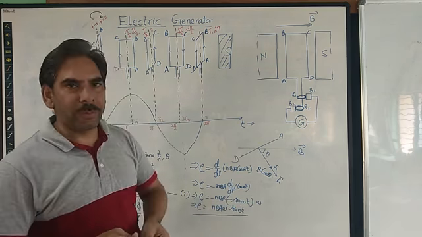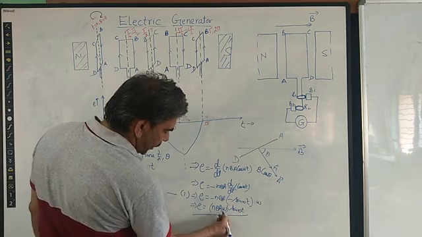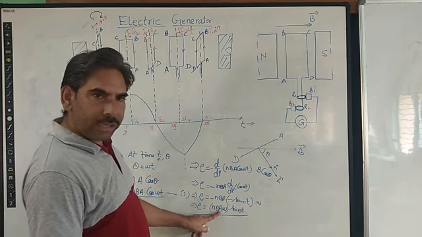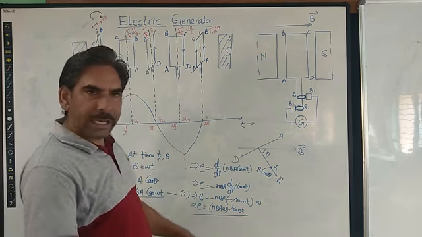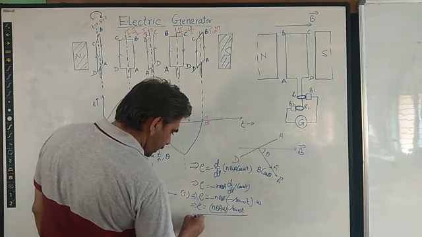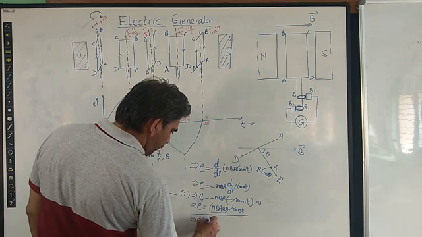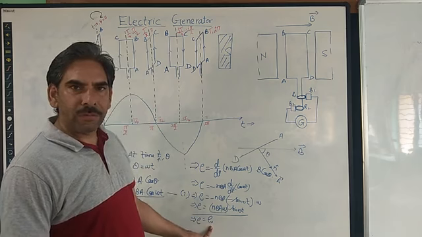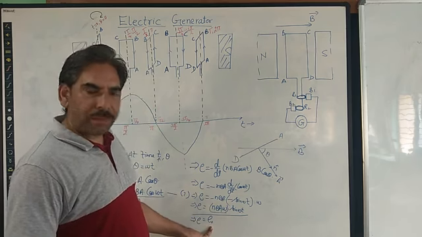And this term is nothing but constant. N is constant, the magnetic field is constant, the area enclosed by the loop is constant, and omega, the angular speed, is also constant. So this factor is constant, and it is called the peak value of EMF, or maximum value of EMF, or the amplitude of the EMF induced.